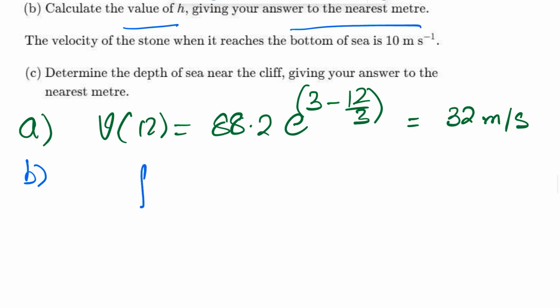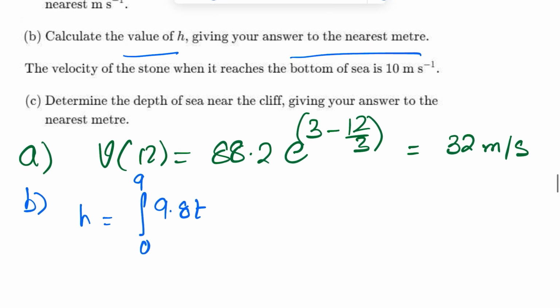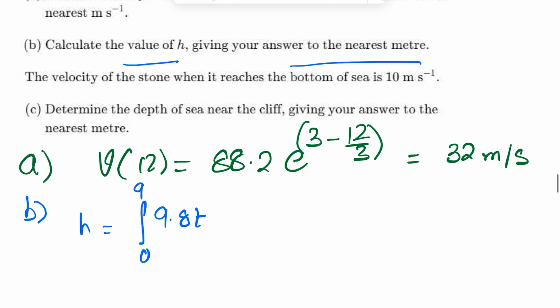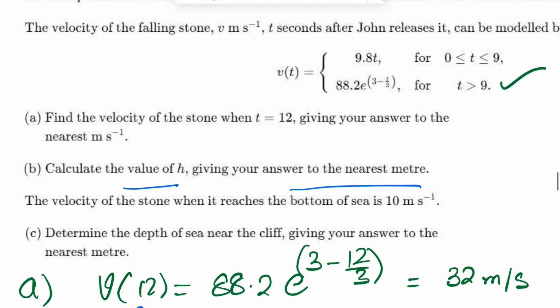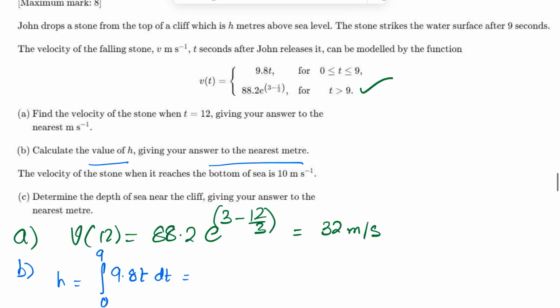So I am going to integrate from 0 to 9 seconds, 9.8 t dt. You can use the GDC calculator to get that answer. How much is that? 397 meters.